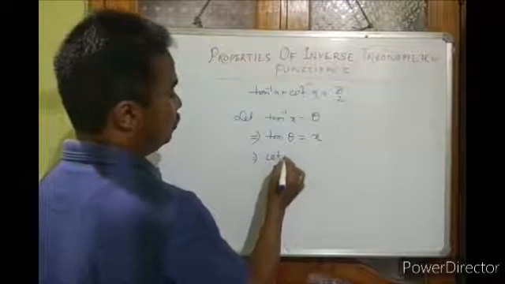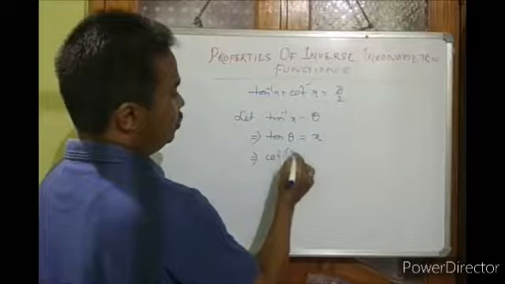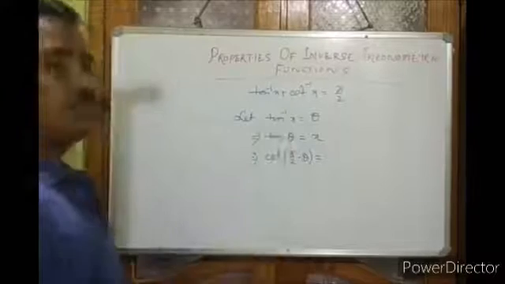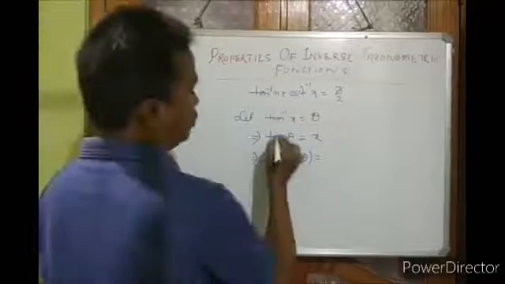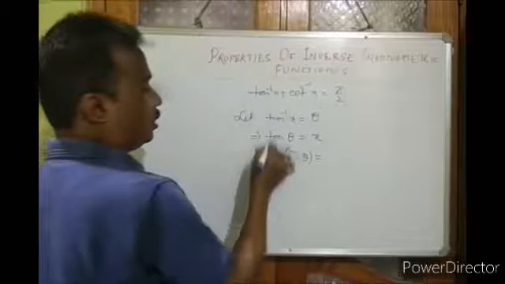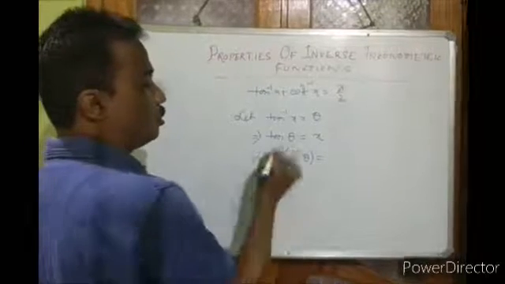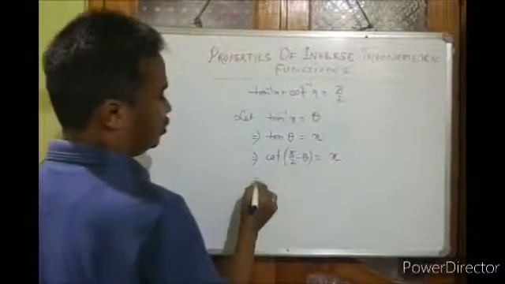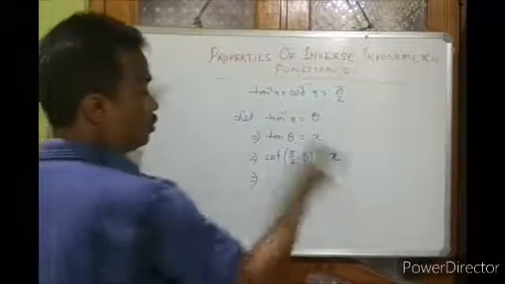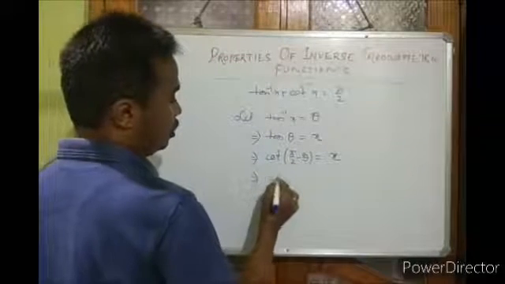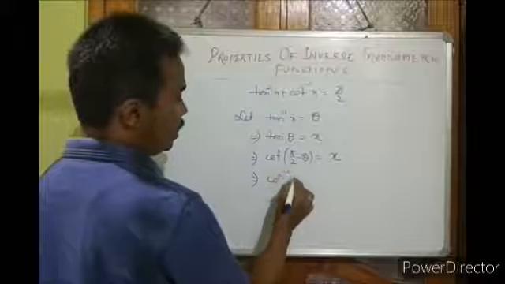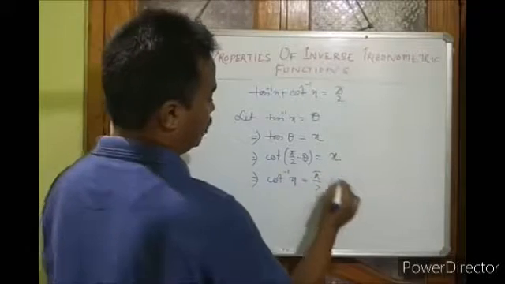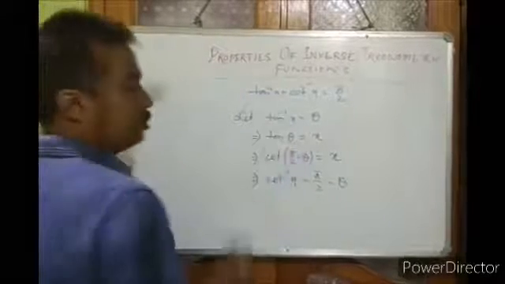Now by the complementary angle formula, tan theta can be written as cot of pi by 2 minus theta. So in place of tan theta we can write cot of pi by 2 minus theta, which is equal to x. Now by definition of inverse trigonometric functions, cot inverse x is equal to pi by 2 minus theta, but theta is equal to tan inverse x.